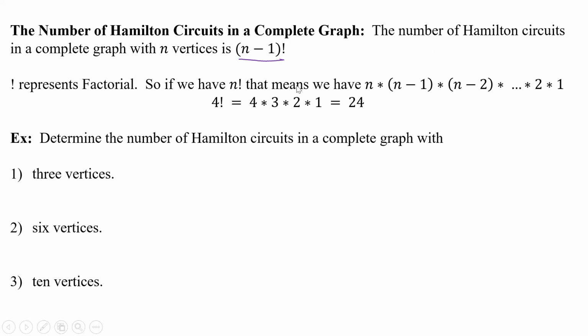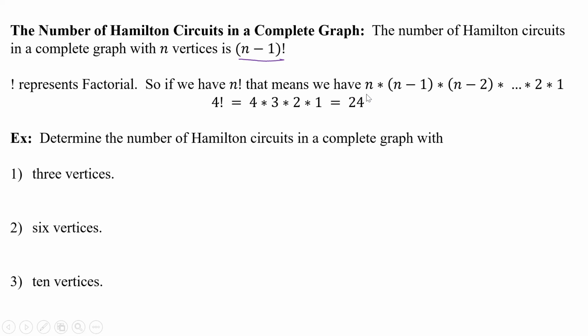If we have n factorial, that means we take n times n minus 1 times n minus 2 times n minus 3 times n minus 4 and so on until we take times 2 times 1. We multiply all those together, and that gives us n factorial. For instance, 4 factorial means 4, subtract 1 from that, 3, subtract 1, 2, subtract 1, 1. Multiply all those together and we end up with 24.